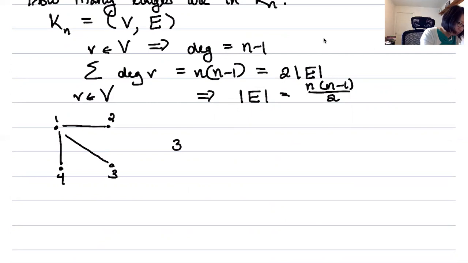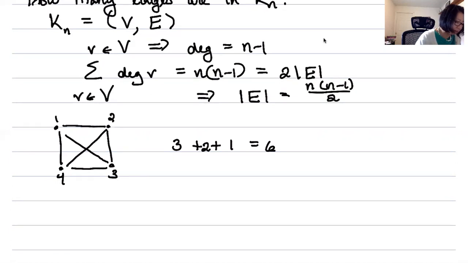And then the edges that I haven't drawn yet that are incident to 2 are 2, 3, and 2, 4. And then I only need one more edge, and that's this edge 3, 4. And 1 plus 2 plus 3, remember, that's equal to 6.